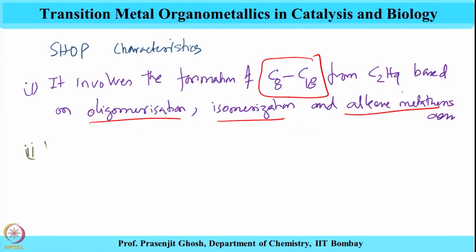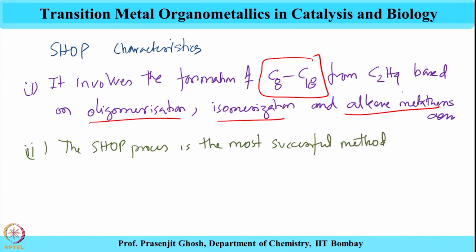Now, the other characteristics of SHOP is that the SHOP process is the most successful method in industry under homogeneous conditions.